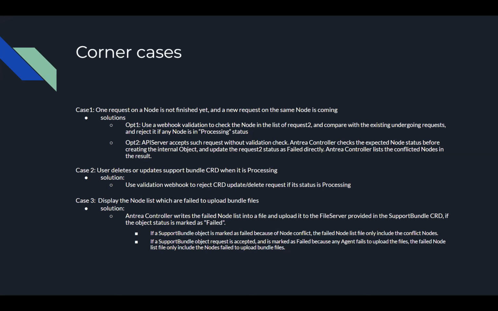If the first CRD is for VPC 1 and the second is for VPC 2, there are actually no conflicts in the two requests. If we reject the second, it means that the agents running on the second VPC will start collecting the bundle files only after no other VPC VMs are working on the support bundle request.